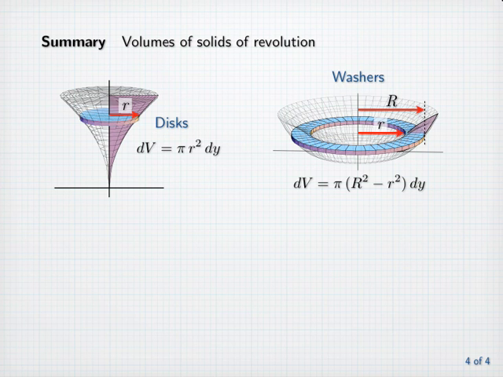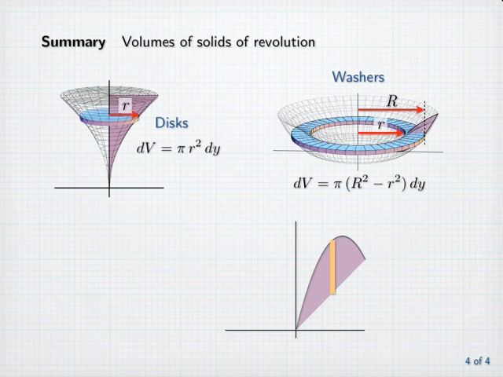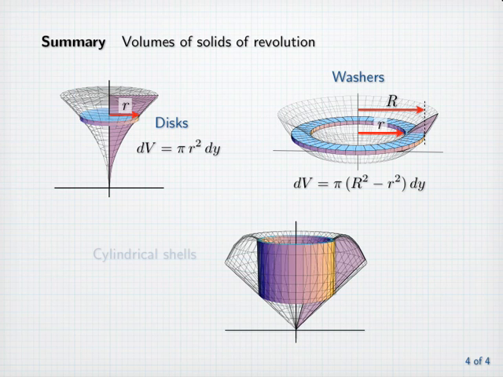Of course, both of these radii must be expressed in terms of the variable y. Now suppose we're going to look at a slice of our region that's parallel to the axis of rotation. When we revolve that slice about our axis, we generate a cylindrical shell, which we use to help us write down the volume differential dV.